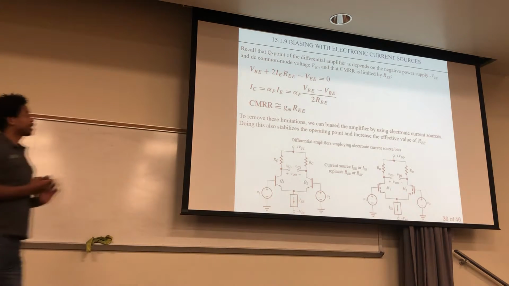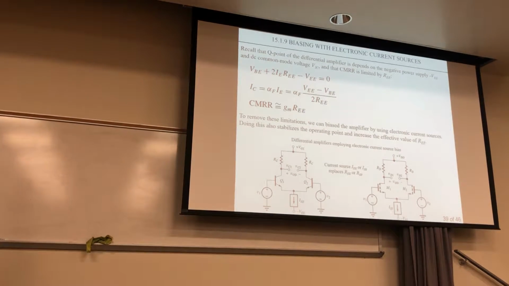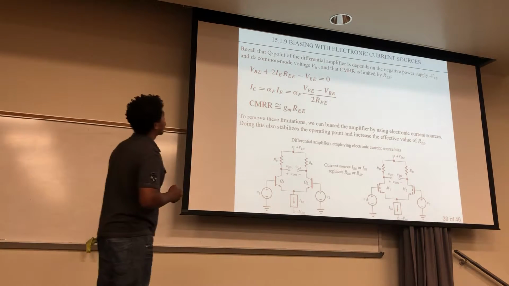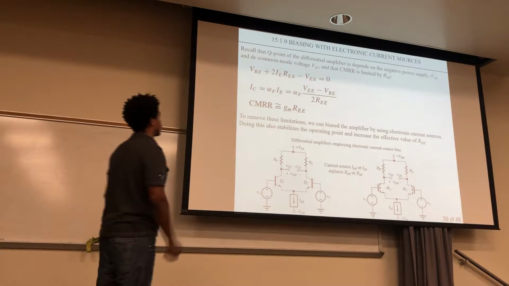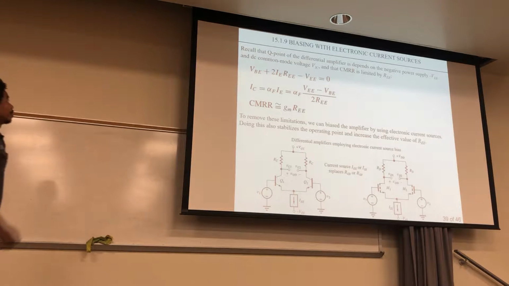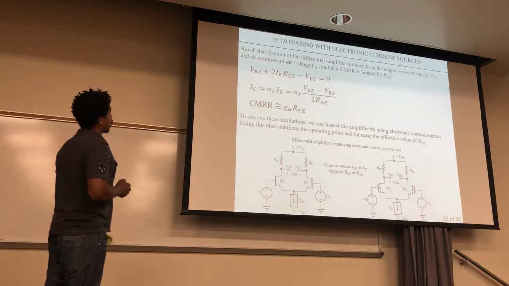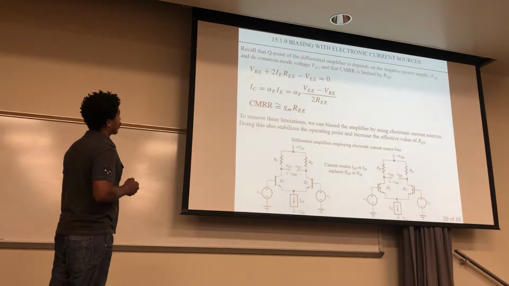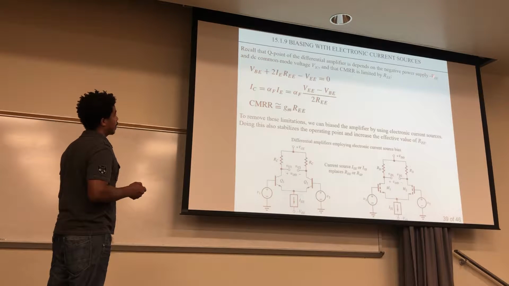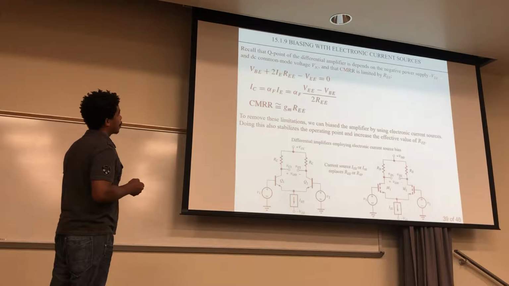Okay, so let's move on with biasing with electronic current sources. Recall that the Q point of the differential amplifier depends on the negative power supply, this negative VEE, and the DC common mode voltage VIC, and also that the common mode rejection ratio is limited by RE.